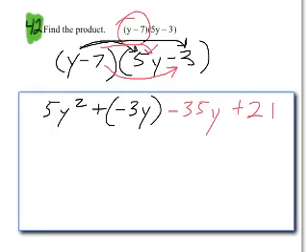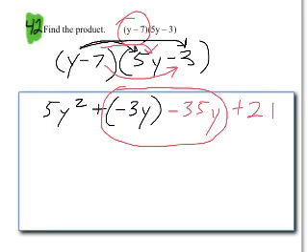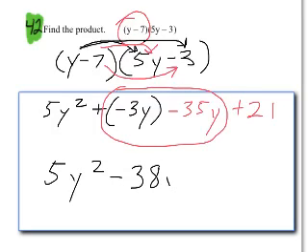The only like terms we have are these two. So we know how to combine those. We have negative 3y plus a negative 35y is a negative 38y. So our answer is 5y squared minus 38y plus 21.